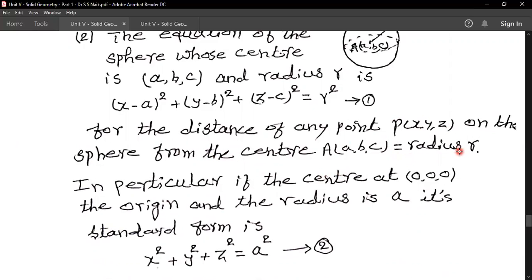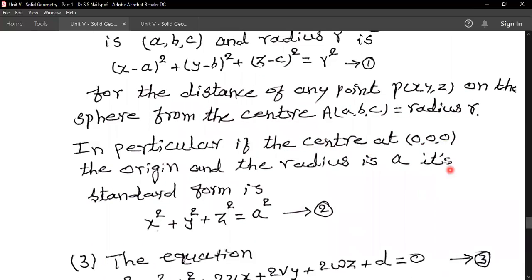In particular, if the center is at the point (0, 0, 0), then substituting a equal to 0, b equal to 0, and c equal to 0, we get x square plus y square plus z square is equal to a square.